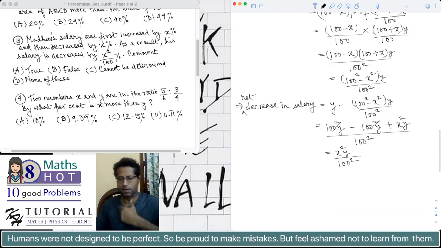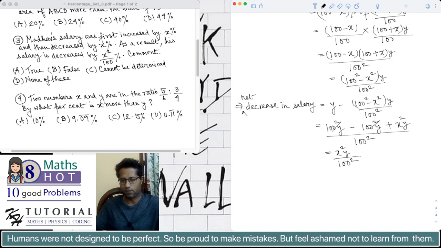Now we have to find what is the percentage of this net decrease based on the original salary. We have to check whether that is coming to be X square by 100 or not, because the problem is saying as a result his salary is decreased by X square by 100%. So we have found that the net decrease in salary is X square Y by 100 square.